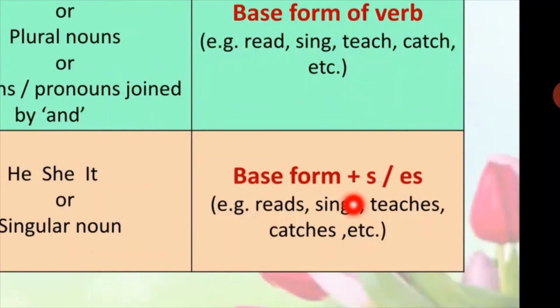Here you can see with the base form like read, we have added s in the end. Sings, base form plus s. Teaches, teach base form plus es. Catch, base form plus es, catches.